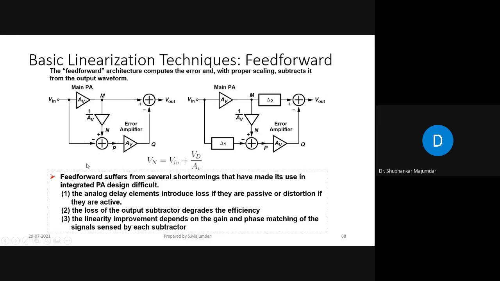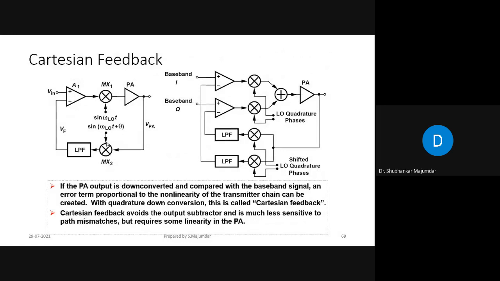So whatever the subtractor is sensing, based on that it is matching the circuit. So here comes another trade-off. As we go for a higher linearity circuit, it decreases the efficiency of the circuit. So we make some optimization.